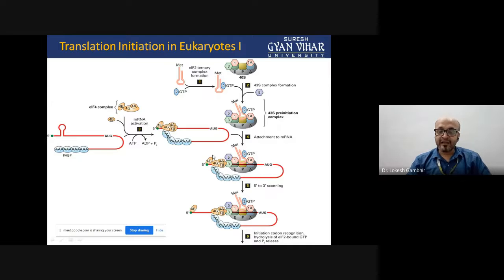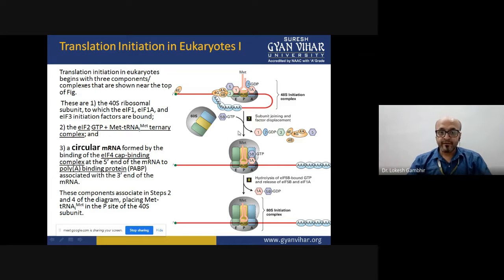Now it will align itself in such a manner that the P site reaches the starting codon. So when we are talking about the steps, let us see. The P site has now reached this particular starting codon.